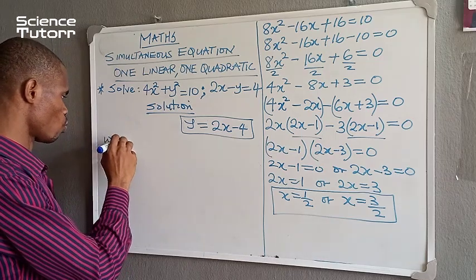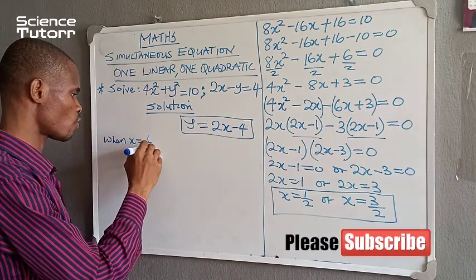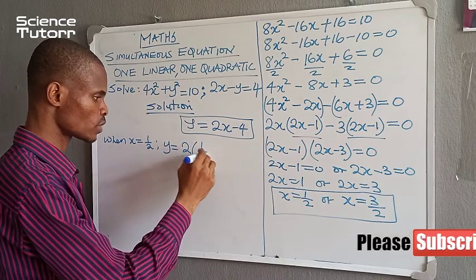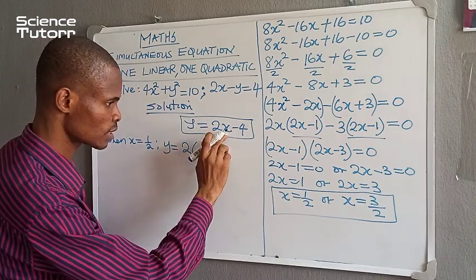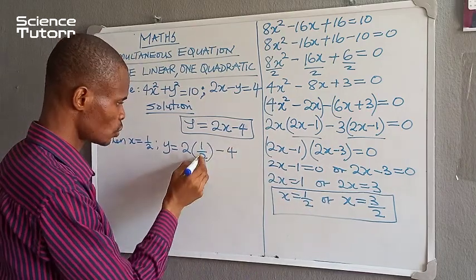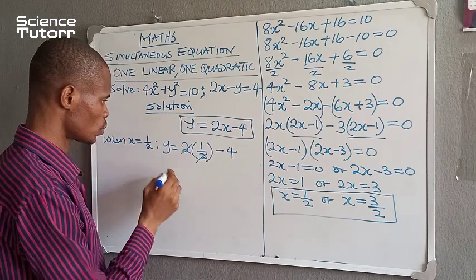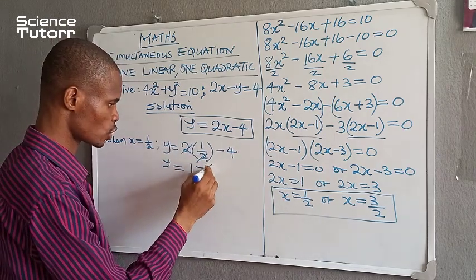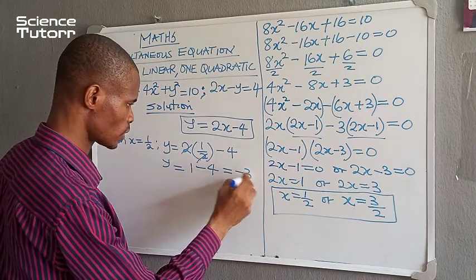So when x is equal to 1 over 2, y will be equal to 2 into 1 over 2, where 1 over 2 represents the first value for x, minus 4. So 2 cancels 2, so that makes y equal to 1 minus 4, which is equal to minus 3.